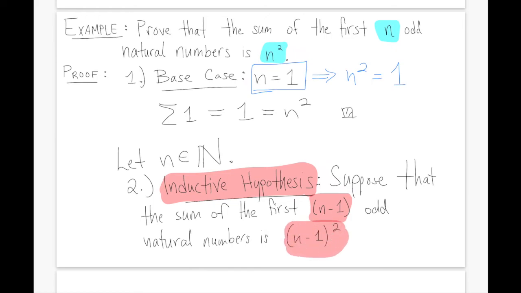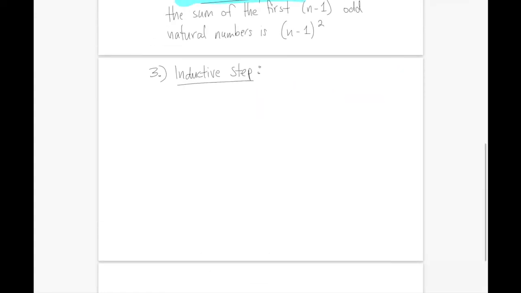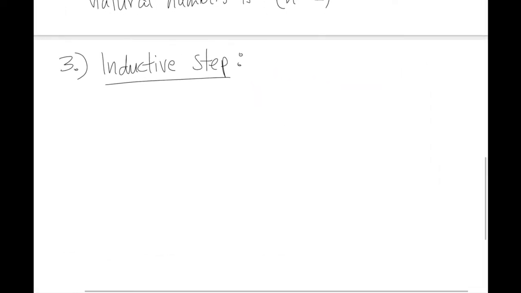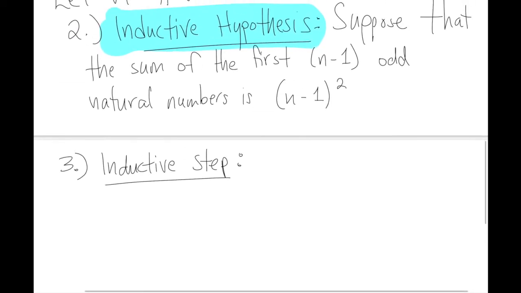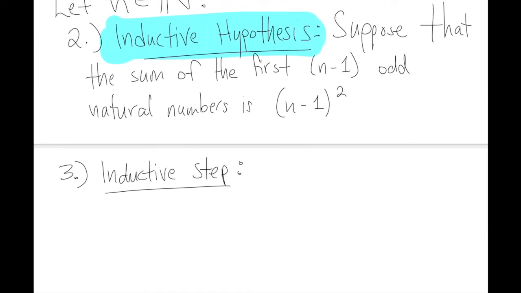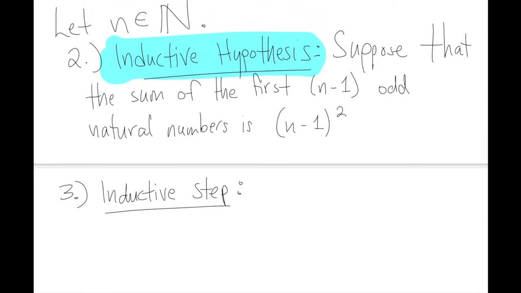So what I've done is I've supposed that the result holds for n minus 1 as opposed to n. And now I'm going to show that it holds for n as well. So now we're going on to the inductive step, which uses our inductive hypothesis from before to prove the result for n. So we're supposing that we've already got the result true for n minus 1, and we're going to show that it holds for n now, okay?